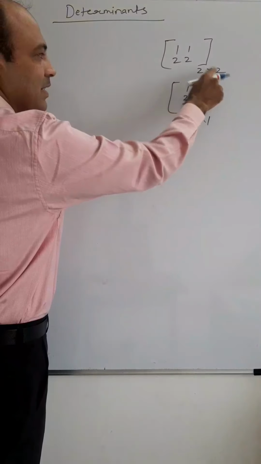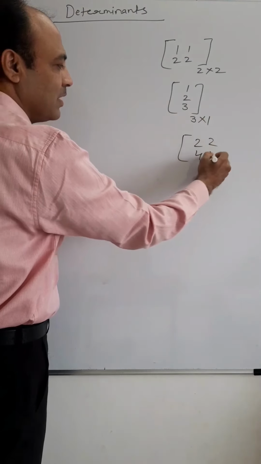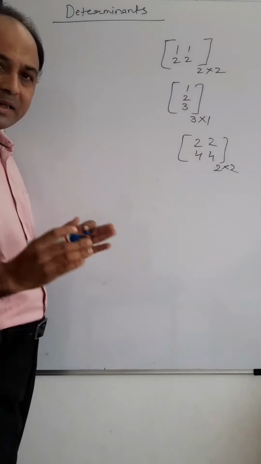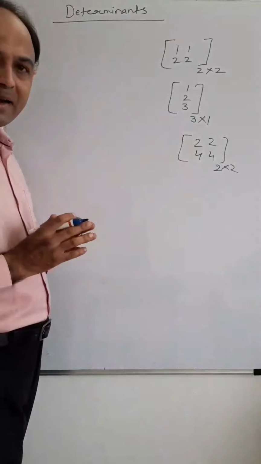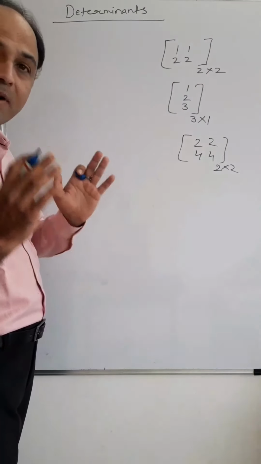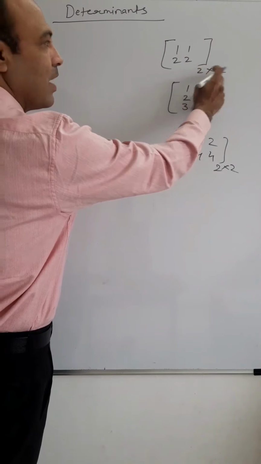See, these are rows and this is a column. We will discuss the types of matrix later. A determinant is a square matrix, which means the order is the same for row and column.